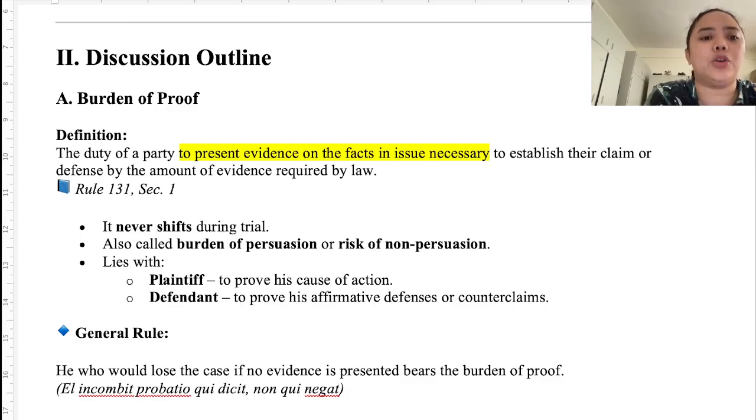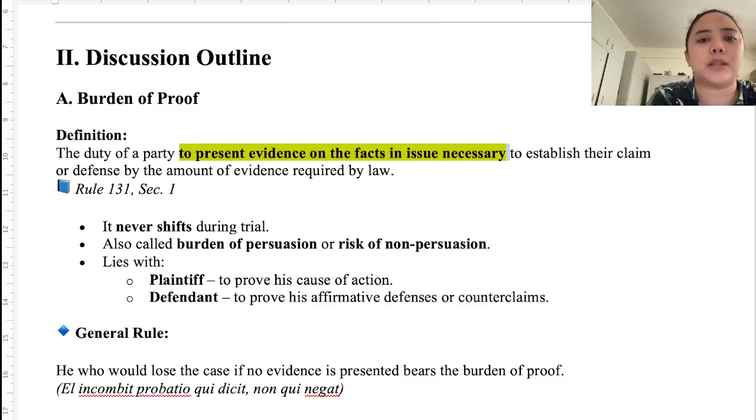Again, what is the duty of the party in the burden of proof? They present their evidence based on the facts in issue, what they present to establish their claim or defense.